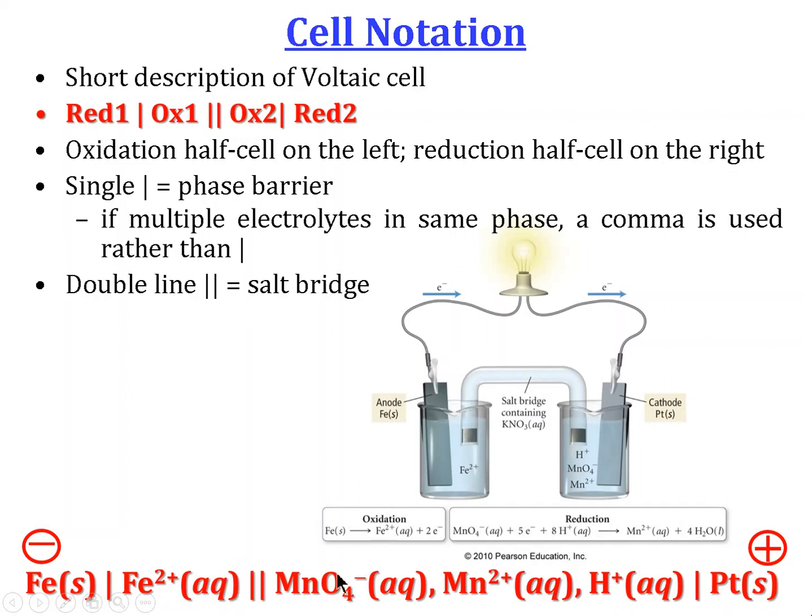We pass to ox 2, which is MnO4-, and in the same phase we have multiple electrolytes, which are Mn2+ and H+. We separate them by a comma, single line, then red 2, which is the platinum electrode, the inert electrode.